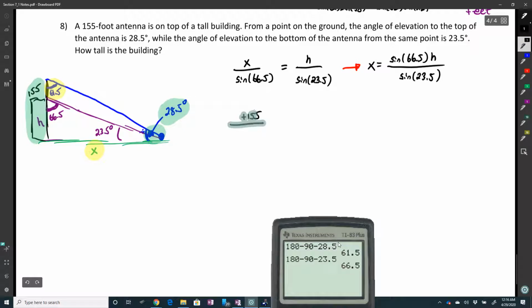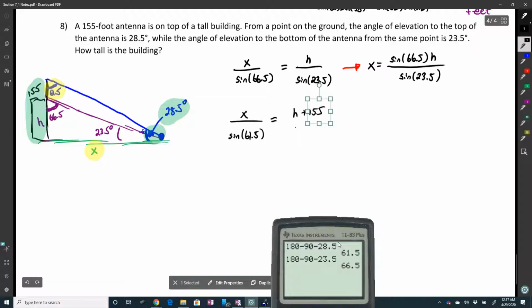I'm going to keep the x first. Sorry, let me do the yellow one first. x over sine of 61.5 is equal to, and now I have the h plus 155 over sine of 28.5. For the same reason, I can multiply both sides by sine of 61.5.